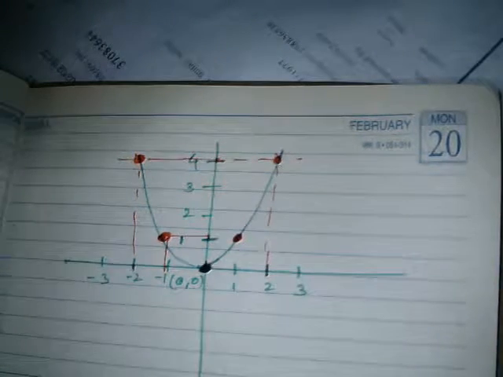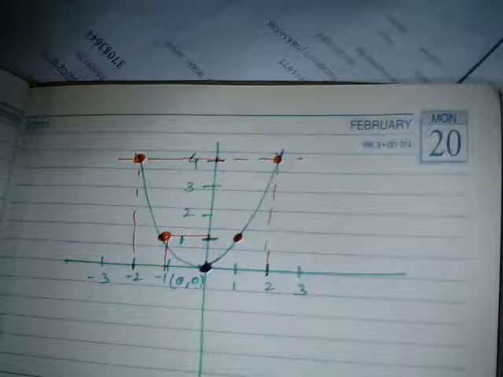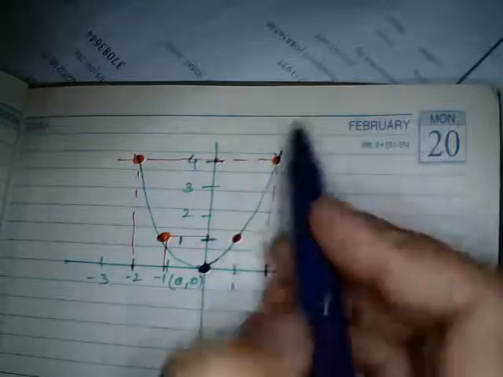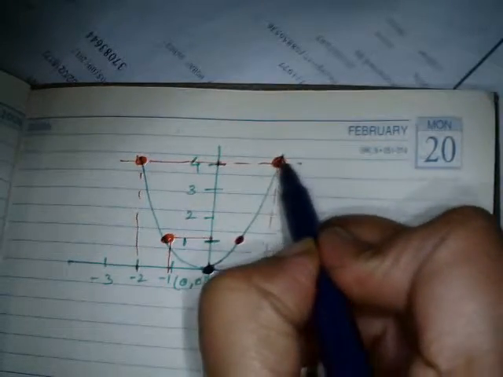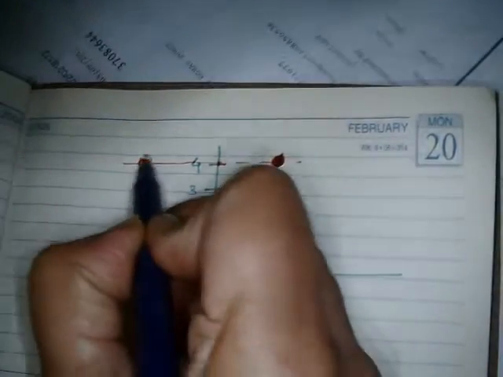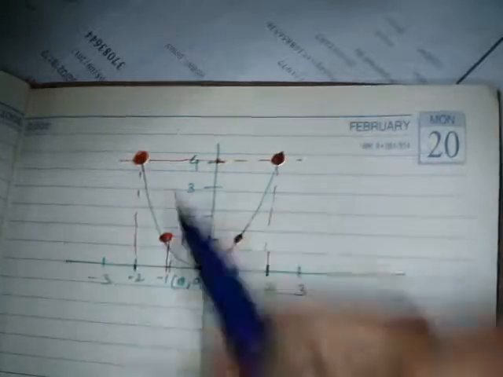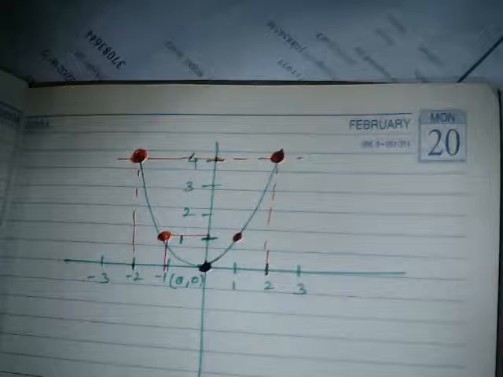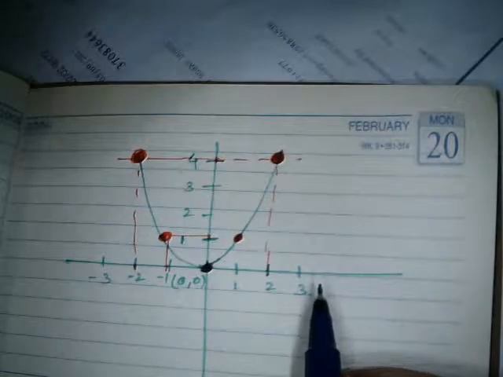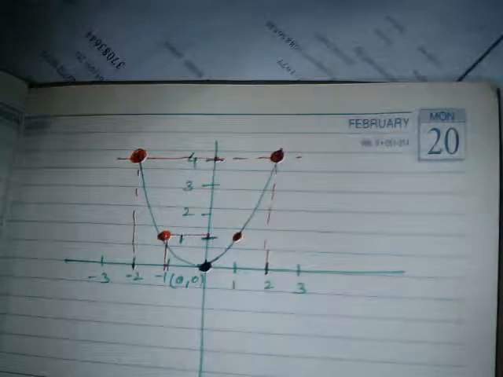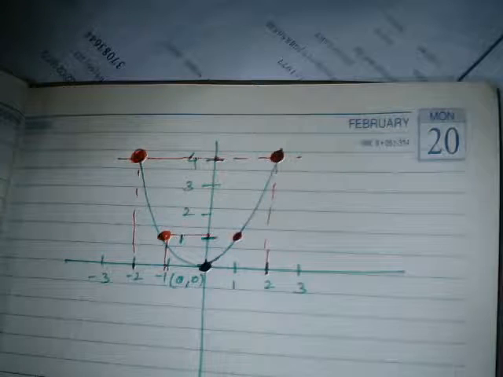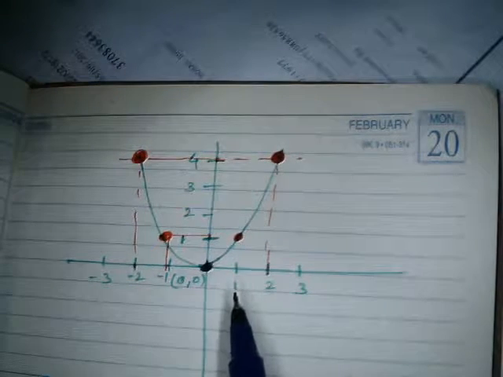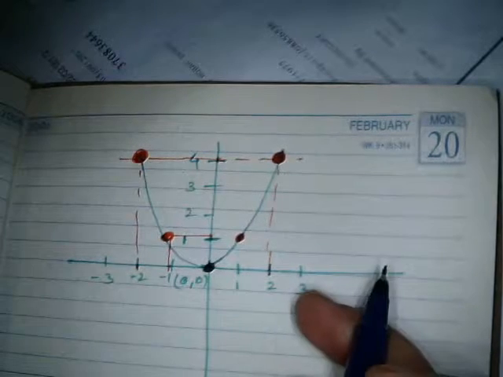On this point a solid circle is there, and the question is: find the range of this function. Range of this function. What is range?